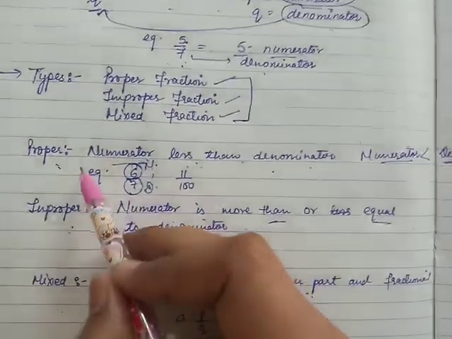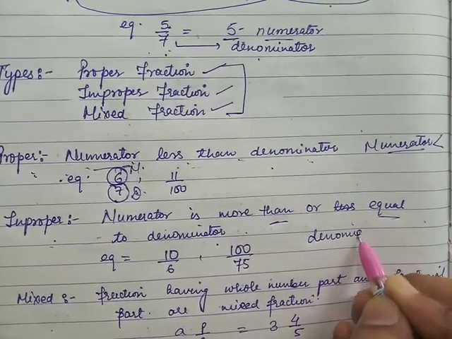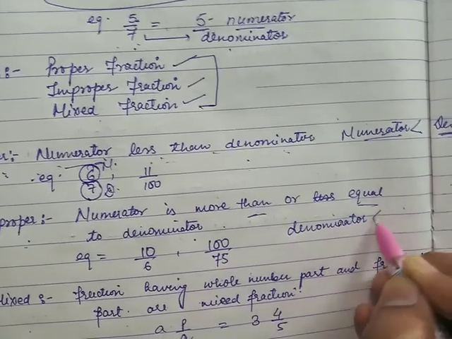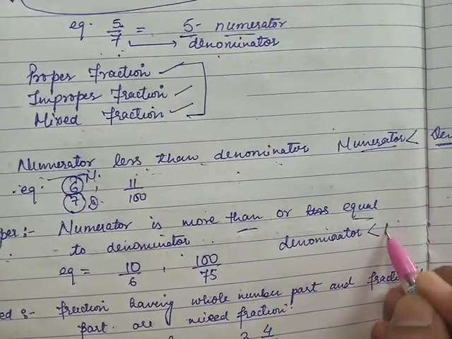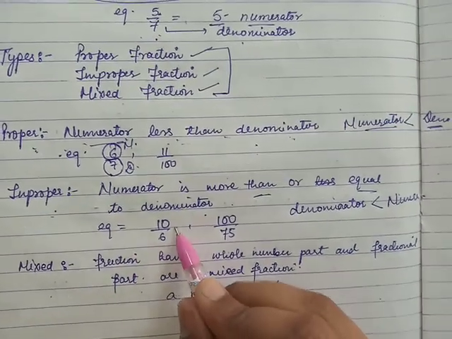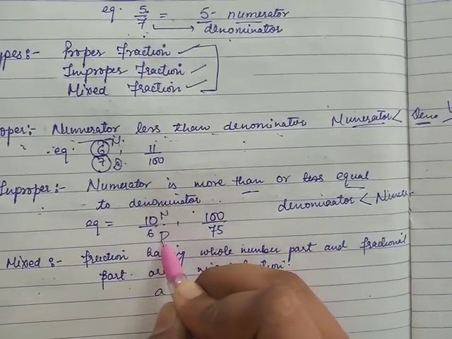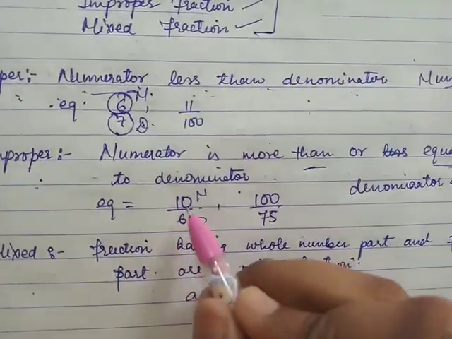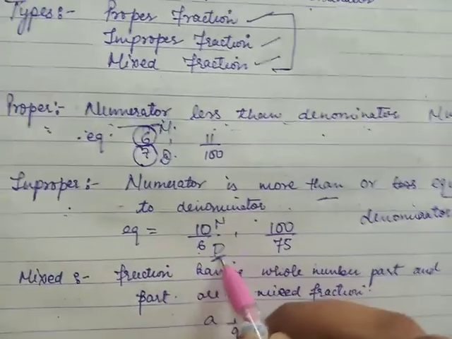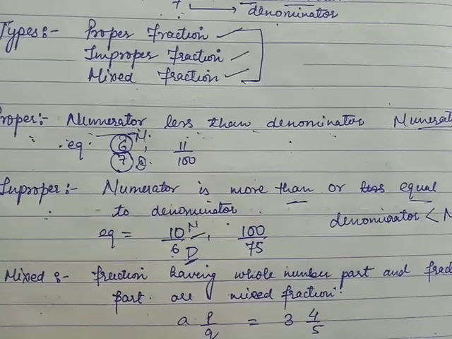Basically they are the opposite of proper fractions. Taking the example 10 by 6, this is the numerator and this is the denominator. 10 is the numerator and 6 is the denominator, and the denominator is smaller than the numerator. So this is an improper fraction.